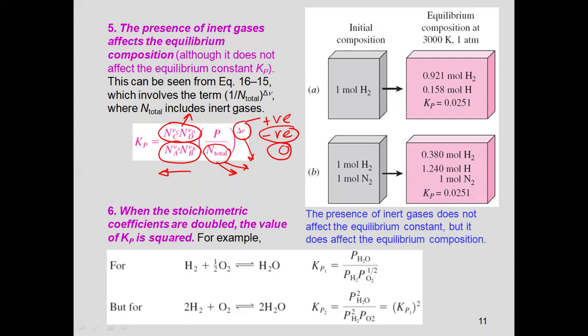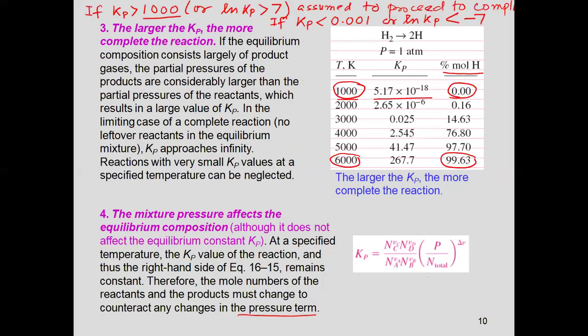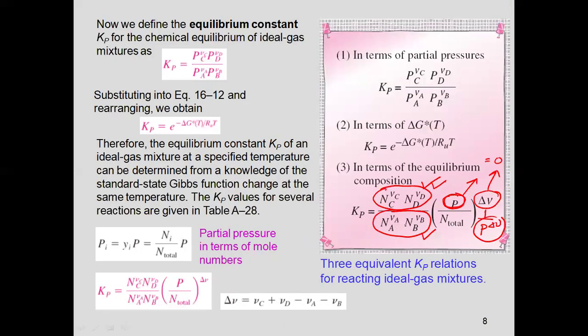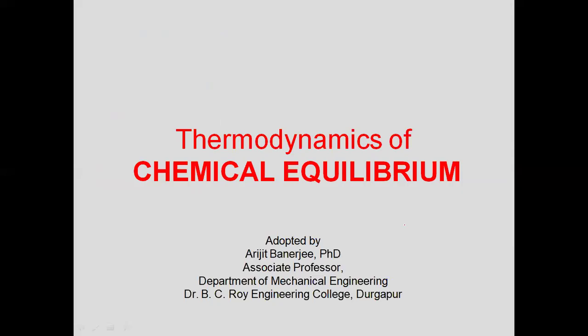Okay. Now, point 6: when the stoichiometric coefficients are doubled, the value of Kp will be squared. That is quite obvious because the Kp value depends on the stoichiometric coefficients. Therefore, in any reaction, if we make the stoichiometric coefficients double, then the Kp value will be squared.